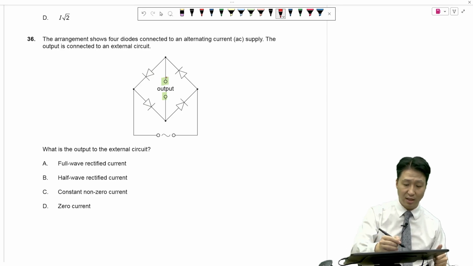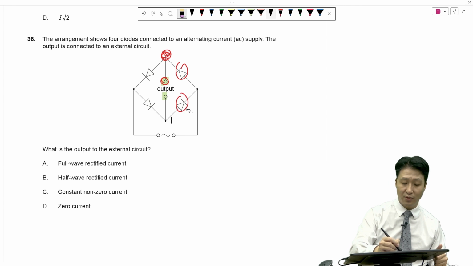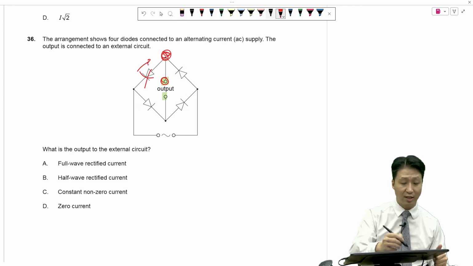So let's say all the current should go out here, that means it should go down here, and all these arrows should be pointing to this corner of the diamond. These 2 are correct, but this one is not pointing in the right direction. If you want this side to be the output, you have to put these diodes in the opposite directions.